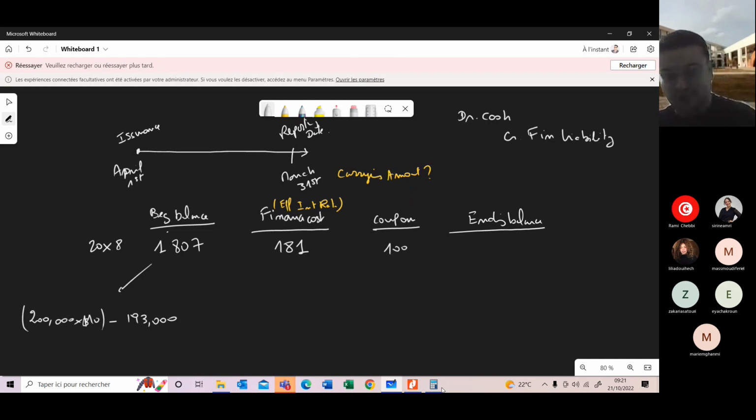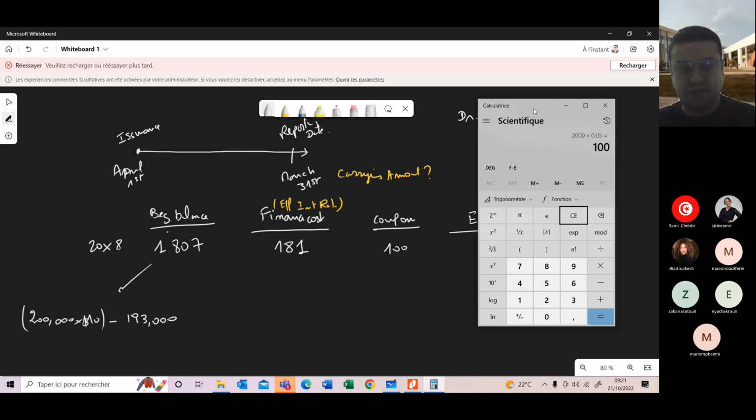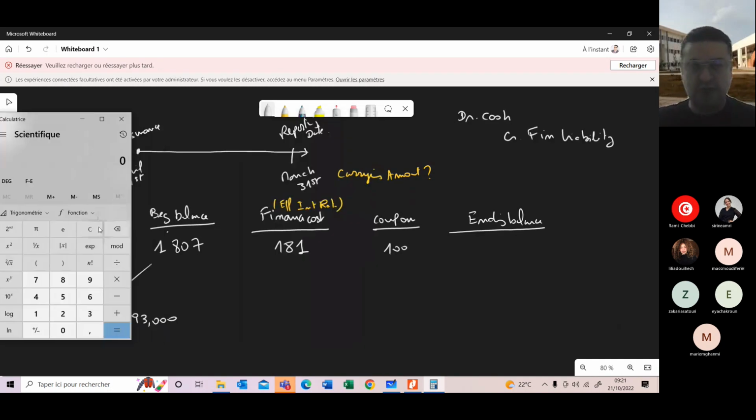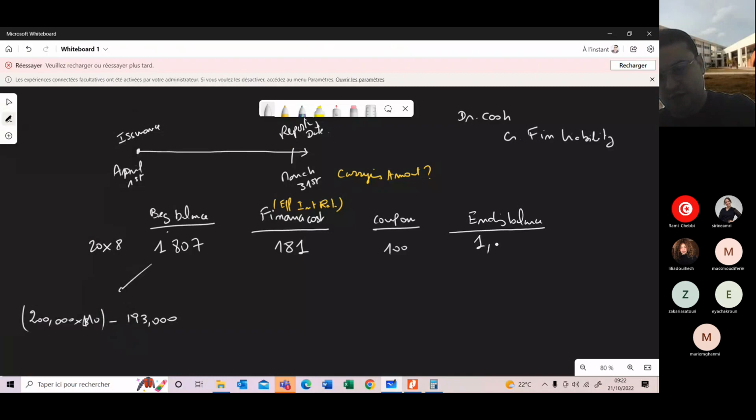So what should be the ending balance? As you know, guys, as we covered this before, it is the beginning balance plus the finance cost, 181, minus the coupon, which is 100. So the ending balance is 1,888.